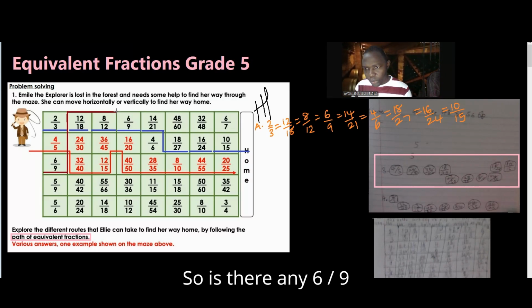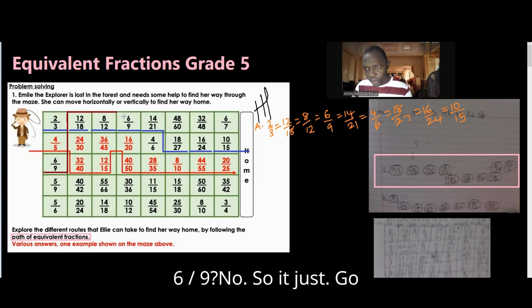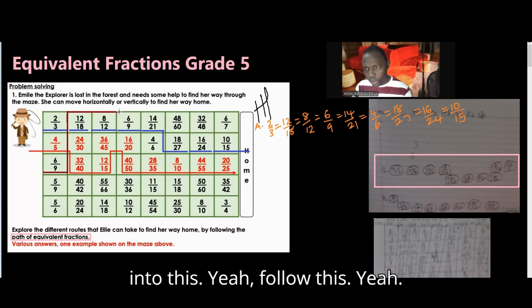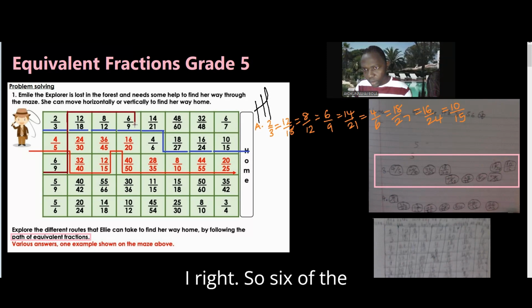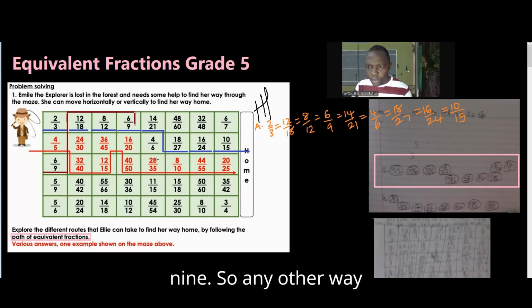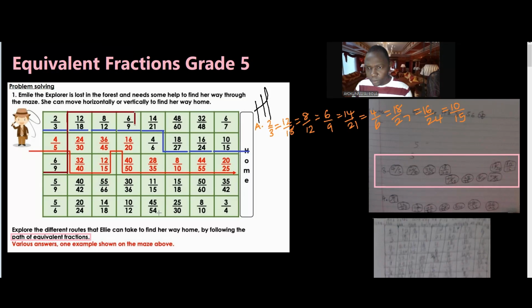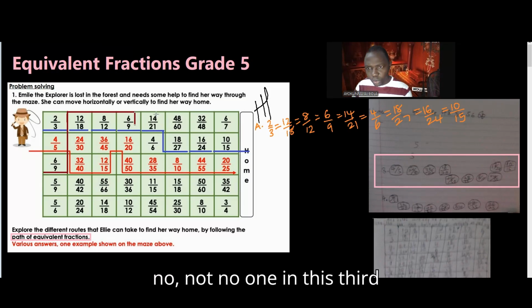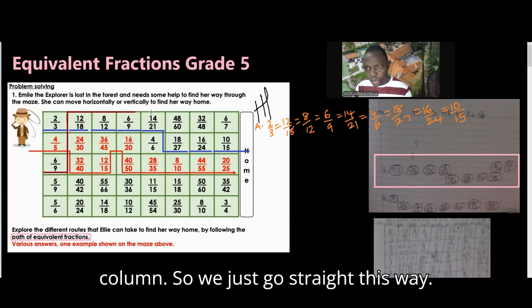Is there any 6 over 9 down this one? No. So it just follows this. Any other way through 6 over 9? No, no one in this third column. So it could just go straight this way.